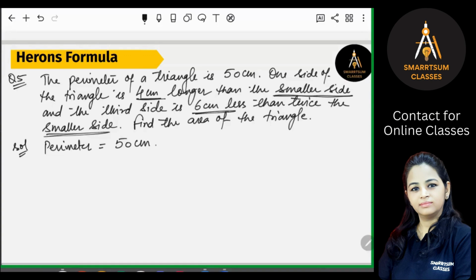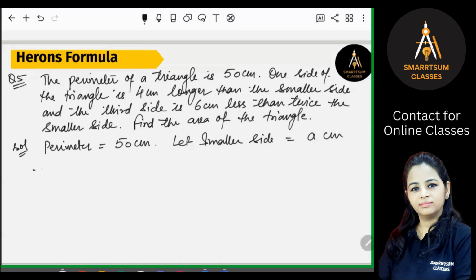So what we will do, we will assume the length of the smaller side is a centimeter. Now we can find the length of the other sides in terms of a.